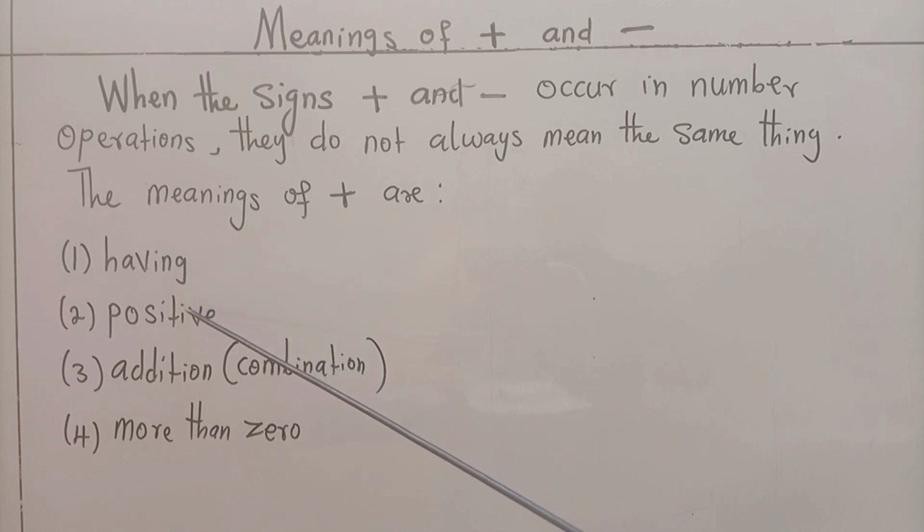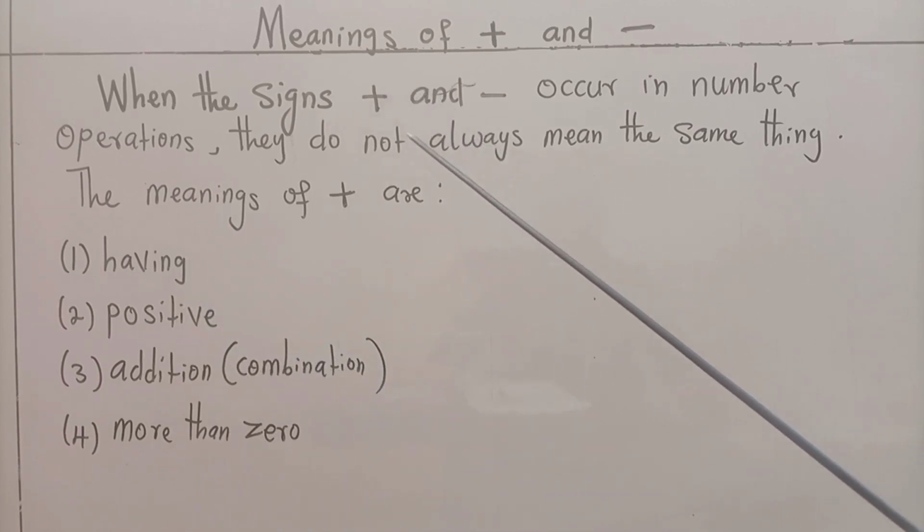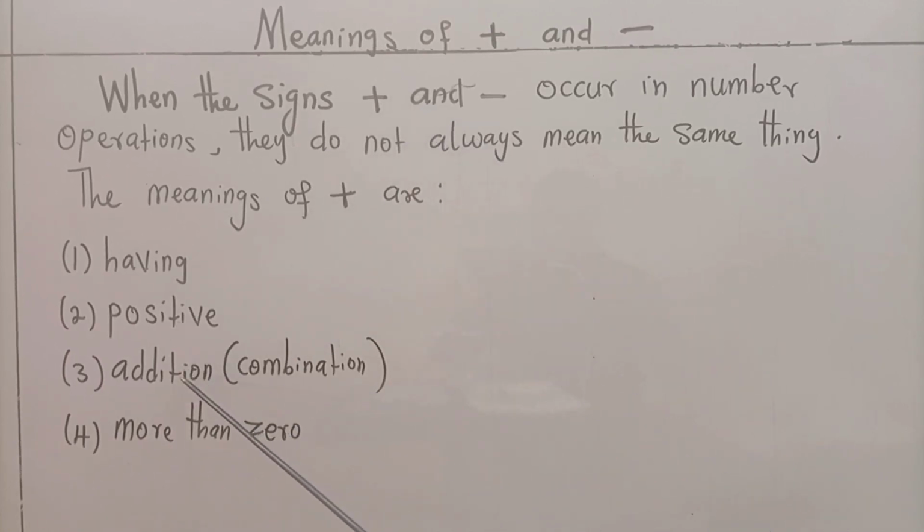This and this are the most dominant meanings of this sign. In fact, when this sign plus means addition, we hardly show it. That tells you that if from the beginning you formed an idea that whenever you see this sign it means addition, you could have been so confused with many operations whose answers you could not get, because each time you saw it, you gave it a meaning, addition.